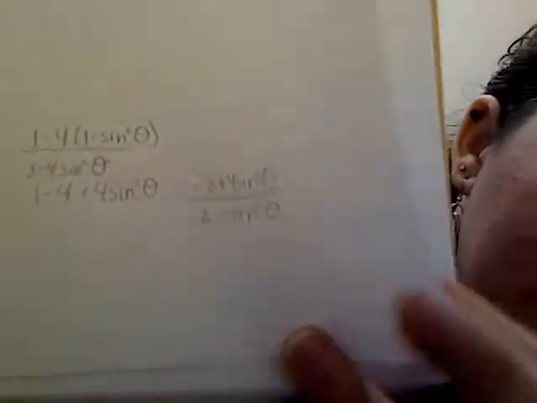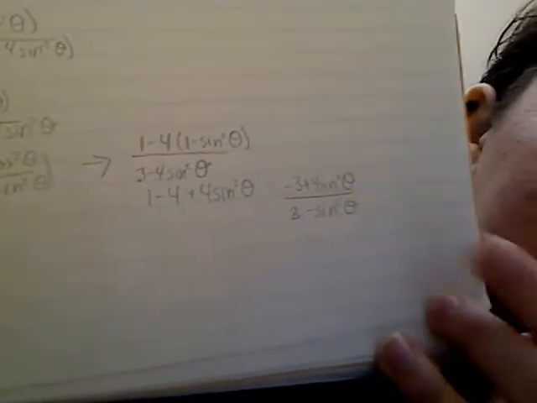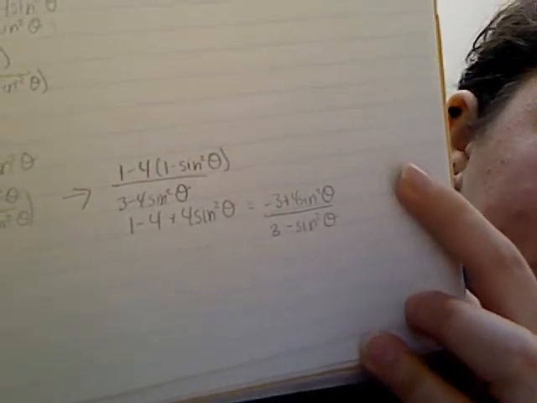And the denominator is 3 minus 4 sine squared theta. Okay. And so then you see the relationship between the top and the bottom that's left. We see that the top is the opposite of the bottom. So that means it can be reduced down to negative 1.